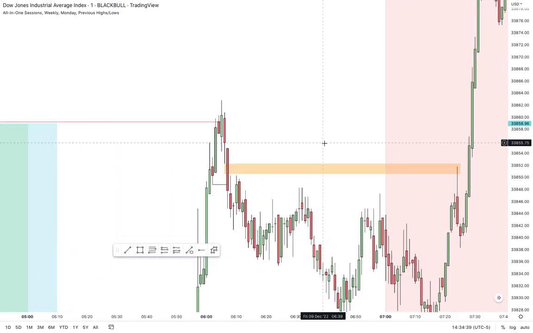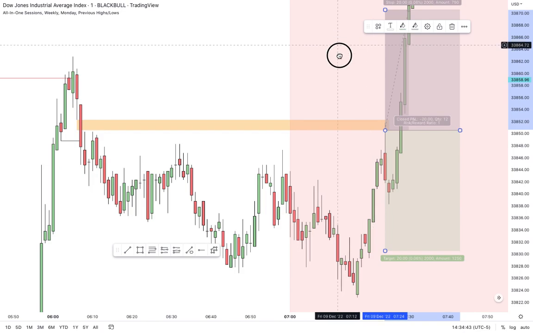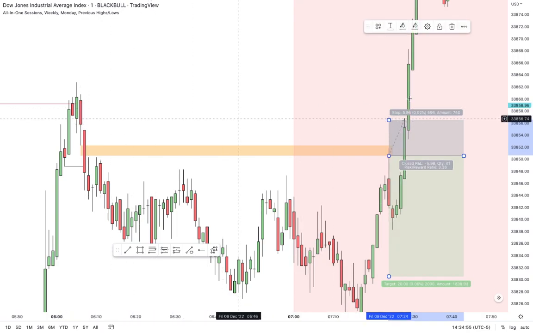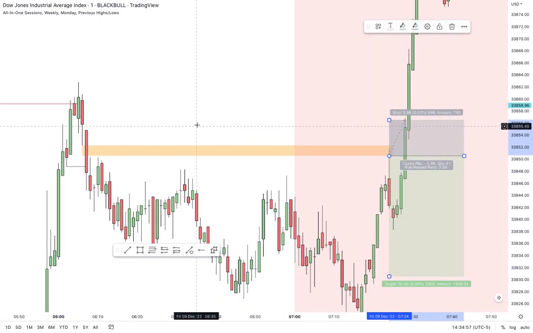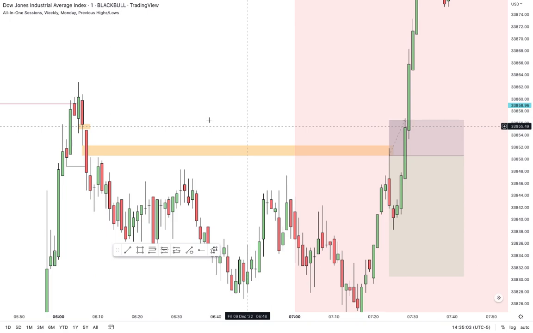So what happened was I took my entry on the fair value gap above this candle, actually somewhere, let me see, 56.80. This was my entry, 56.80. Okay, so why? Because this was the volume imbalance, so I was expecting the price to fill it as well.